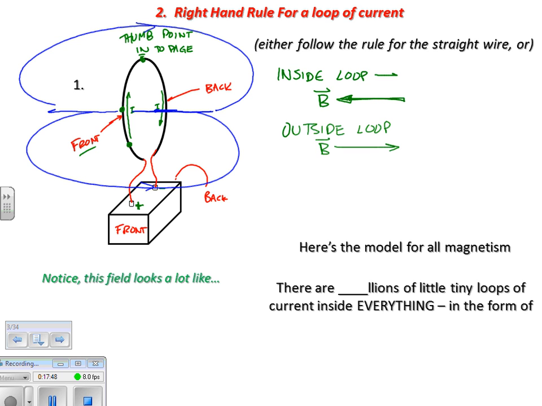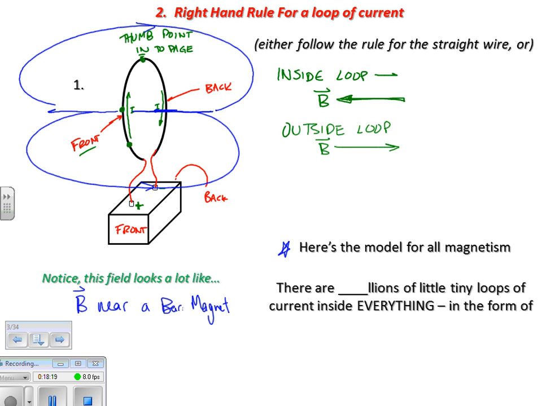Now you notice that field looks exactly like the magnetic field near a bar magnet. So that leads us to this. A loop of current can give us a magnetic field just like a bar magnet does.